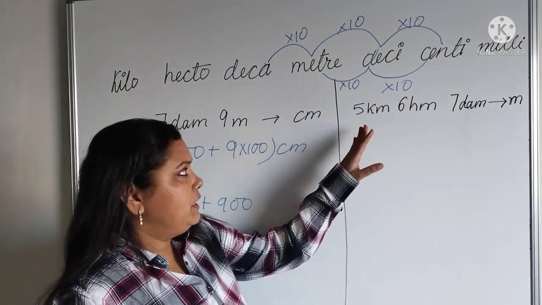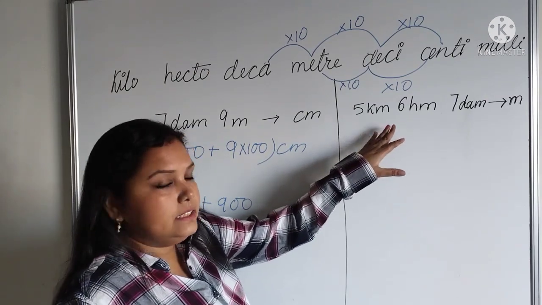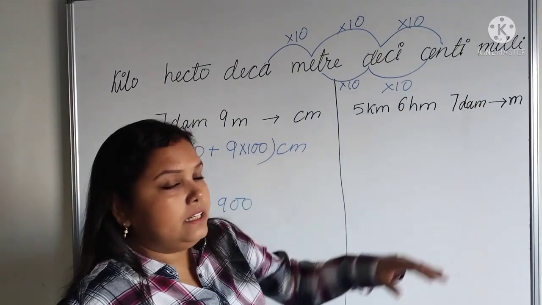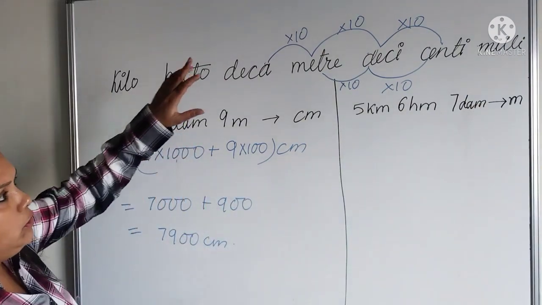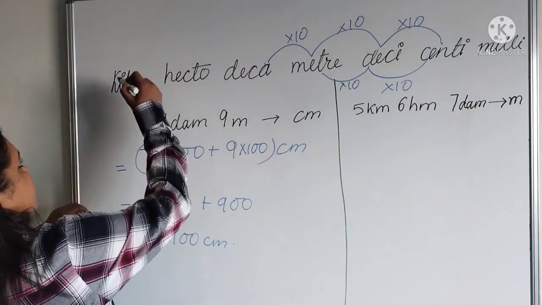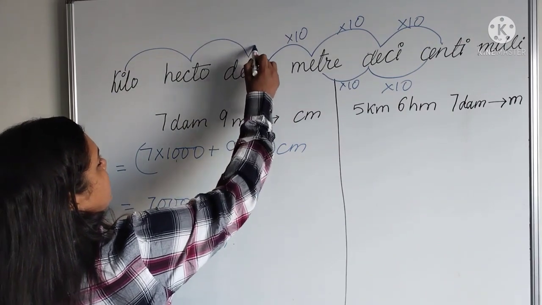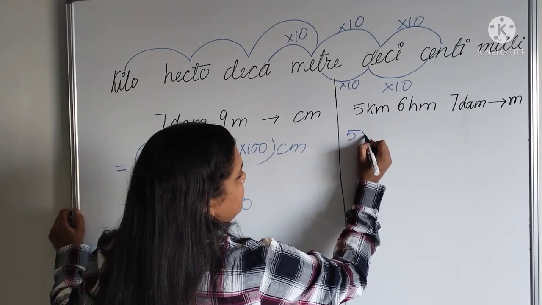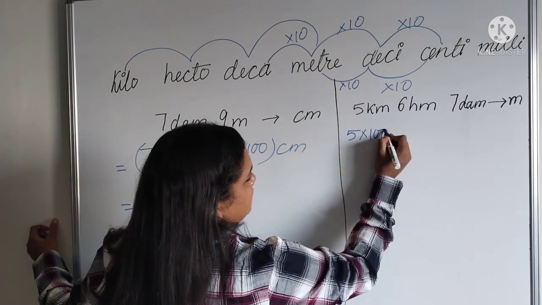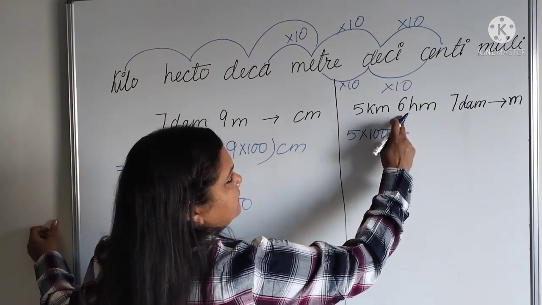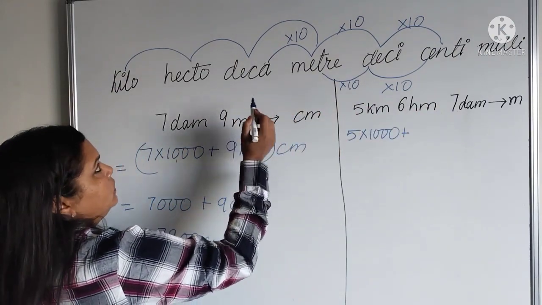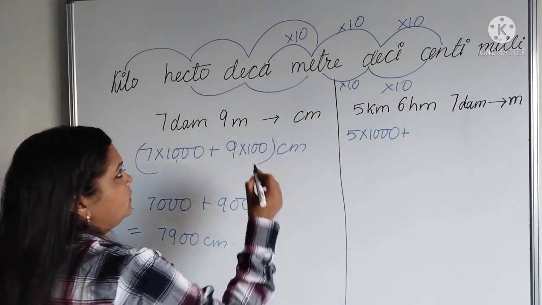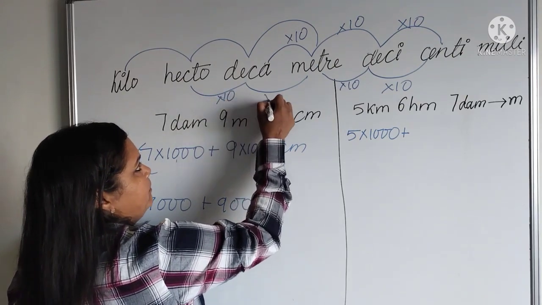Now in the same way we can convert 5 kilometers, 6 hectometer, 7 DAM to meter. Kilometer to meter. So how many steps? 1, 2 and 3 steps. So 5 multiplied by 1000 plus 6 hectometer to meter. So hecto to meter 1, 2. So multiplied by 10, multiplied by 10.